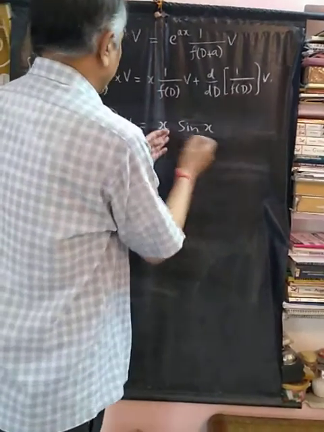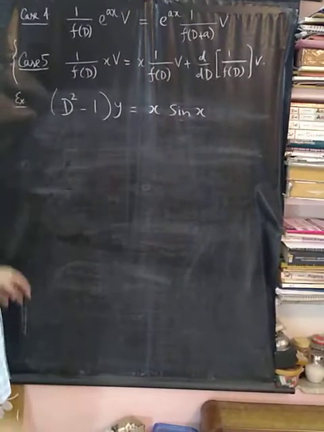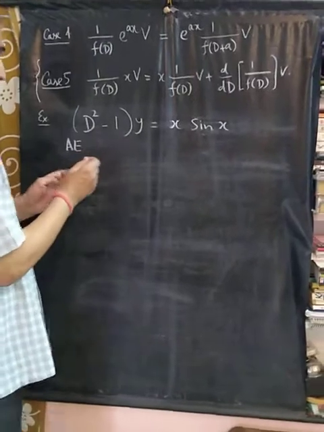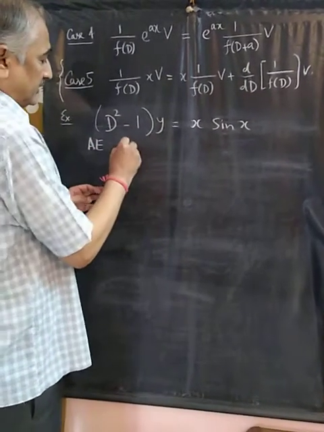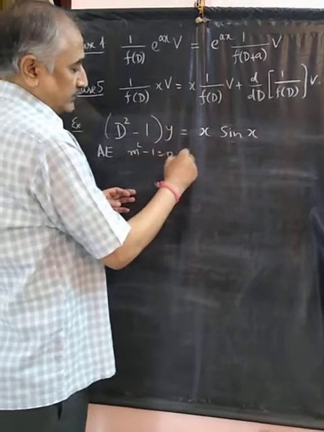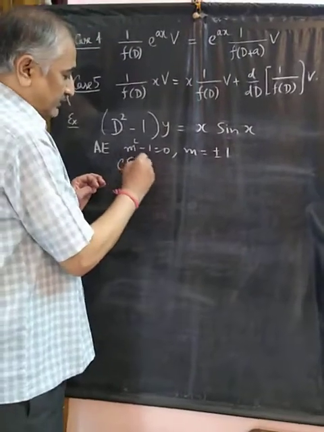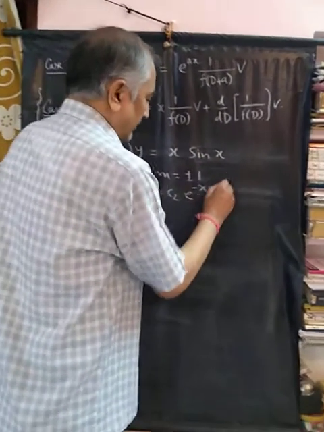It is simple. So you have an example of what happens when this is x into a function of x. Nothing needs to be explained about this auxiliary equation. It is m square minus 1 as 0. The roots are plus minus 1. So the complementary function is c1 exponential x plus c2 exponential minus x.